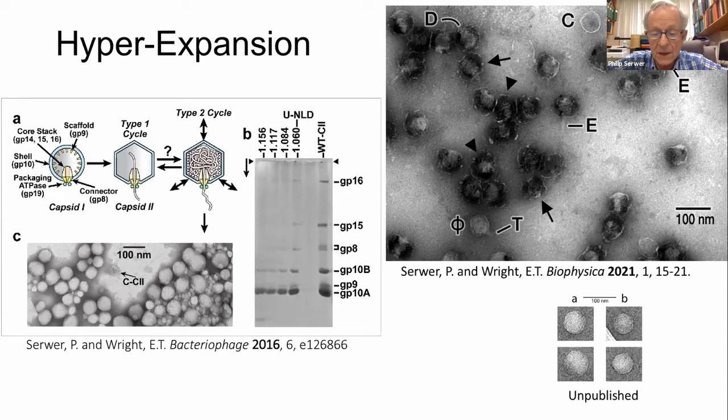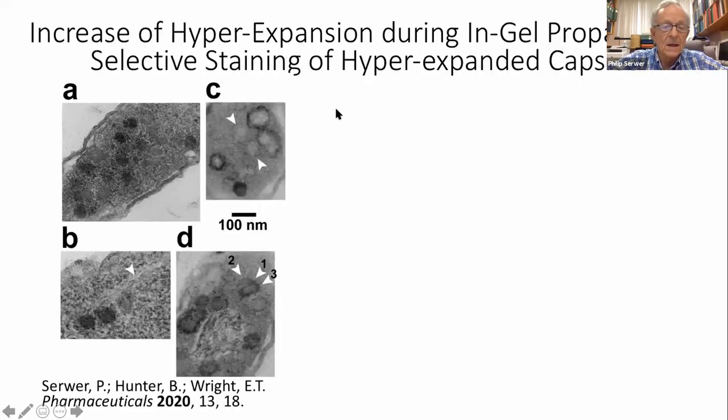We are not certain about whether they're intermediates in packaging yet, but for the purposes of the discussion here, it really doesn't matter. Okay, so what happens when you look at what's going on inside of an infected cell in vivo? Now, these cells are infected inside of an agarose gel. They're actually plaques. We thin section plaques of phage T3.